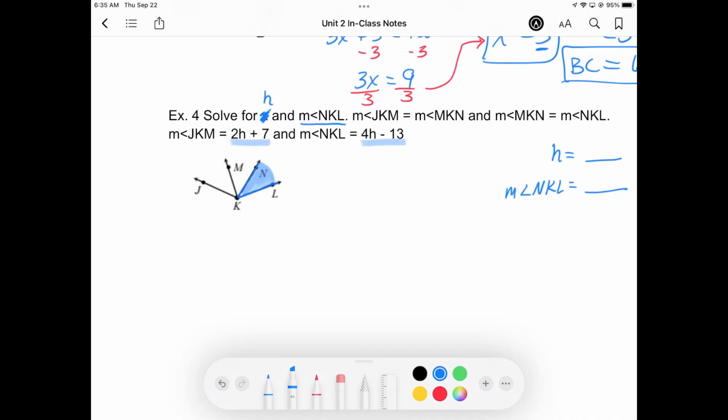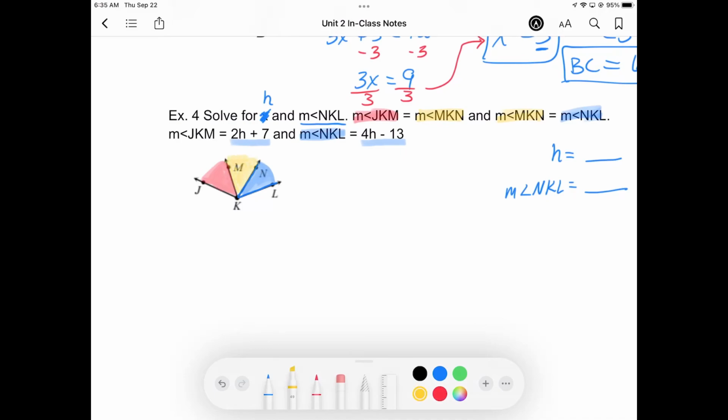Well, they find an expression for NKL here, and we're told that NKL is equal to MKN. But MKN, I'm kind of working backwards, is also equal to JKM. Well, these are those three angles. JKM is on this side, and MKN is in the middle.